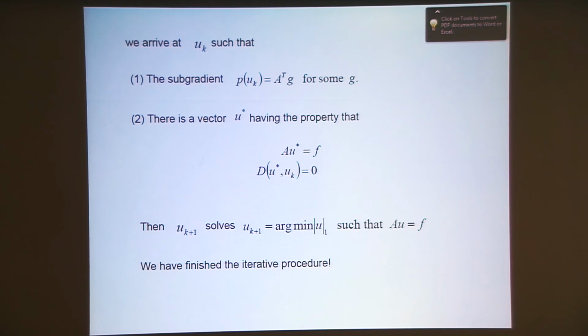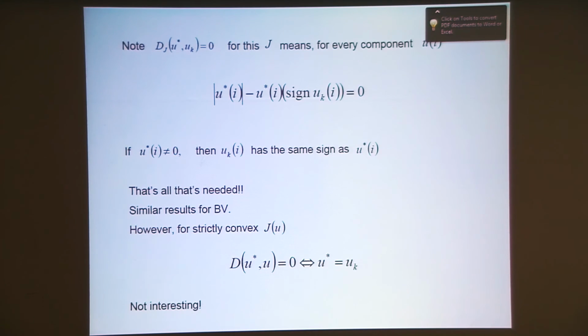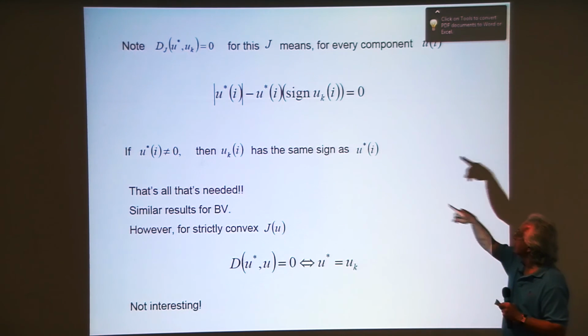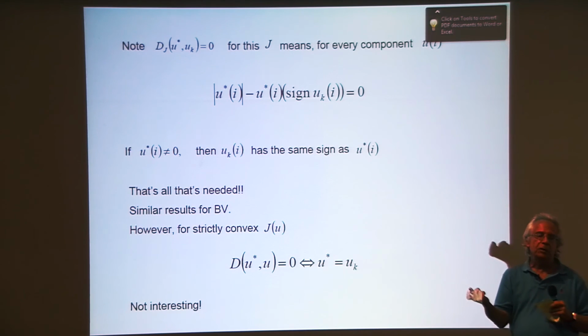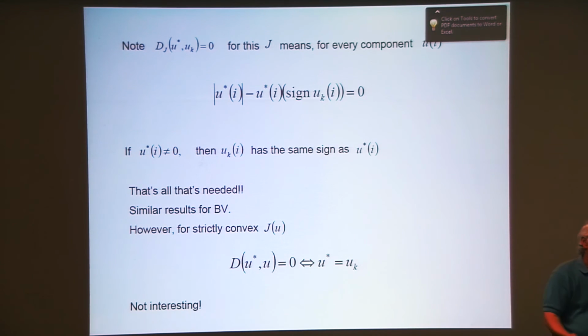But if you do L1, that's pretty free. That criterion is nothing but the following. It means that for every component of u star which is not 0, and it could be just one, suppose what you're looking for is a 1 sparse quantity, all you've got to do is have that one component of u^k have the same sign as the nonzero component of u star.